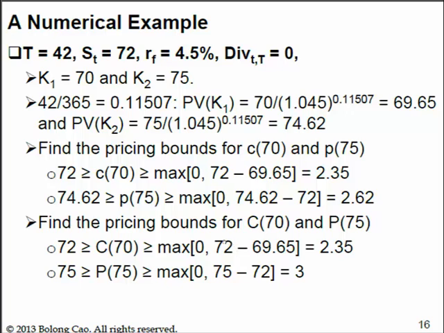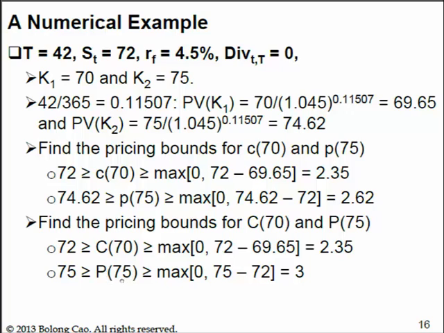It's not $72 minus $70, the strike. That's only $2. It should be higher than the lower bound of the European call option, which is $2.35, higher than $2. So for the American call with a $70 strike, you have the same range: $72 the upper bound, $2.35 the lower bound. This is the same range as for the European call.